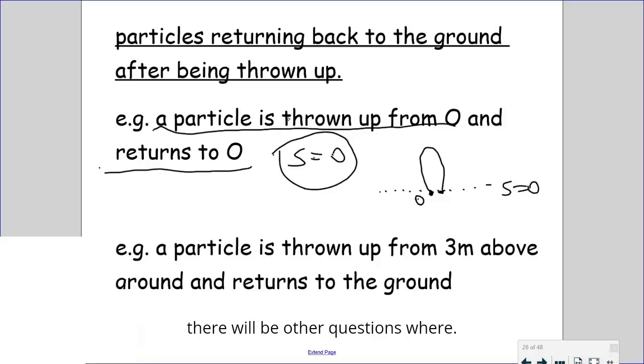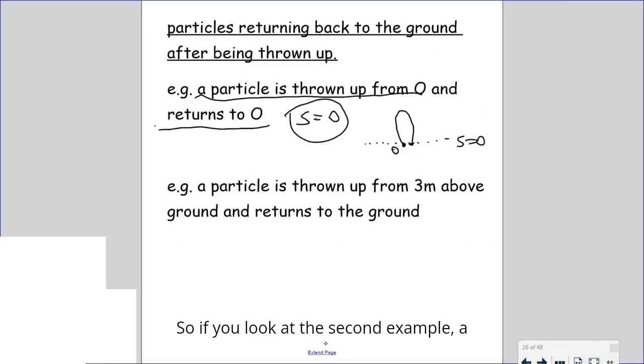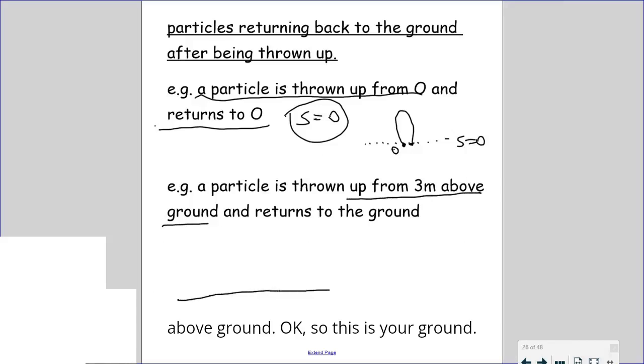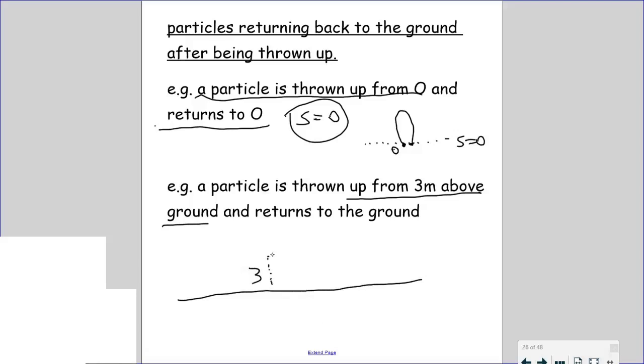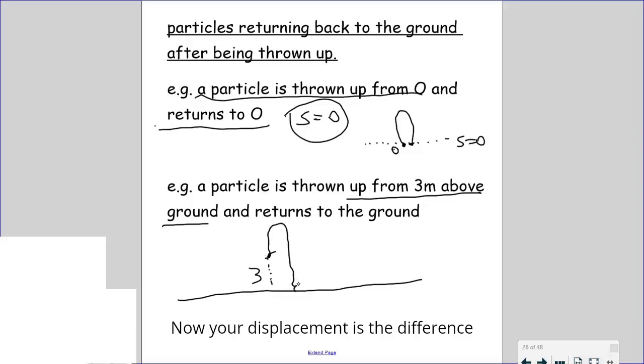There will be other questions where, if you look at the second example, a particle is thrown up from 3 meters above ground. So this is your ground. A particle is thrown up from here, and it will go up and come back to the ground. Now, your displacement is the difference between the starting point, which is your origin, which is here, and your ending point, which is here.